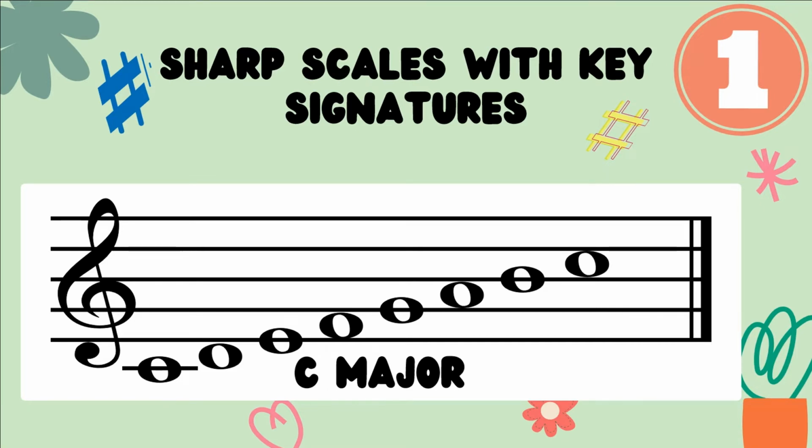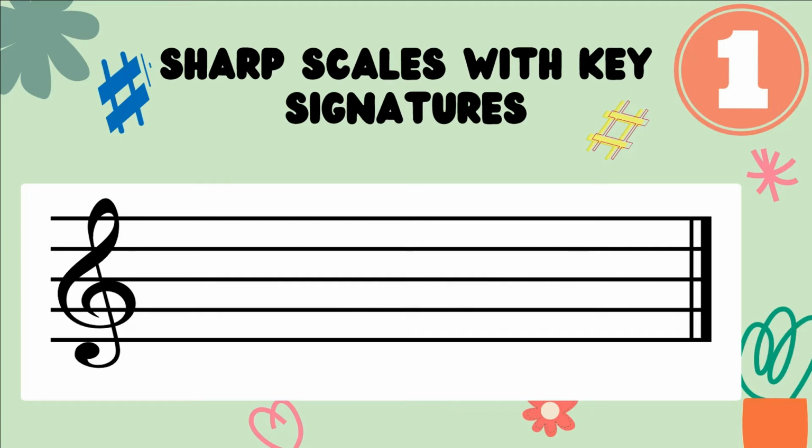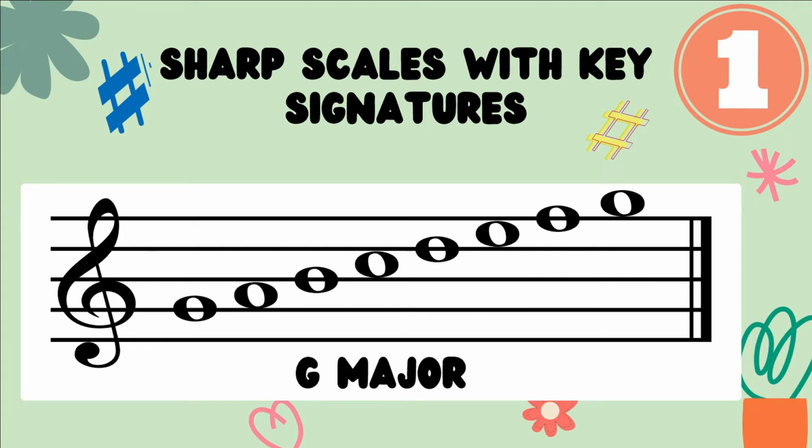Now let's go to the very first sharp. If it's going to be the very first sharp and we are going to be using the key signature, that means we are going to place just one sharp after the clef sign. And the key that uses one sharp is called G major. That means we are going to arrange the notes from the note G on the staff till we get to the octave. That is G major.